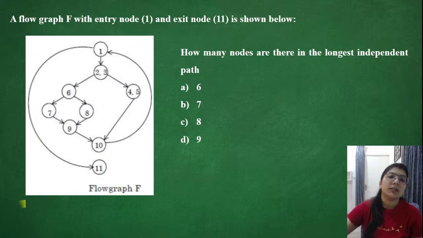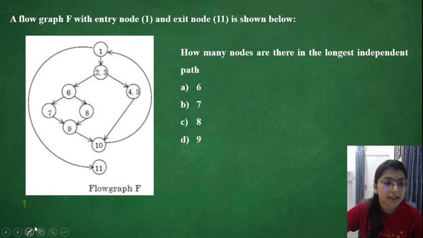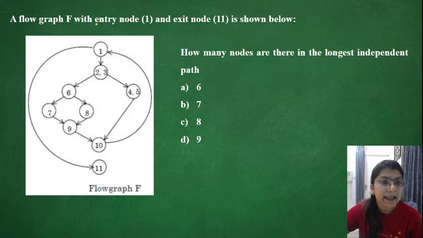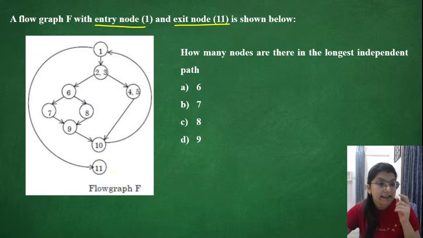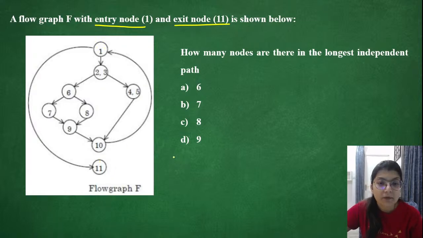So what will be the longest path? We'll start from 1. They have clearly said that the entry node is 1 and the exit node is 11. So you have to enter from 1 only and you can exit from 11 only. So we'll start with 1. Then from 1 we will go to 2, 3. Then from 2, 3 we'll go to either 6 or 4, 5. Let's say we are going to 6.